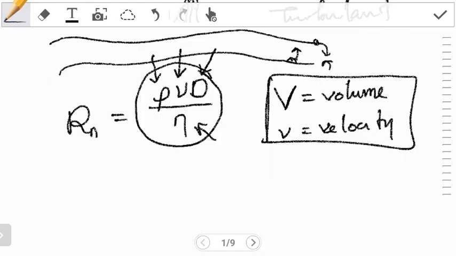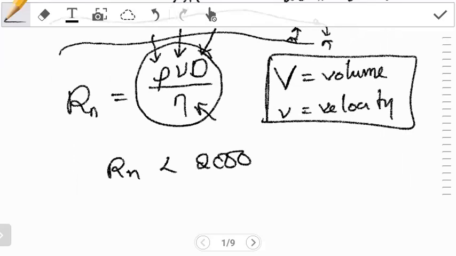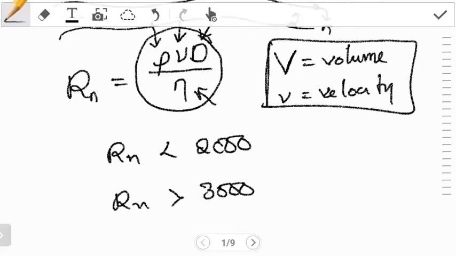If the Reynolds number we get when we perform this calculation is less than 2000, then we conclude that the flow is going to be laminar, or smooth. But if this value, Rn, is greater than 3000, then we conclude that the flow is going to be turbulent.